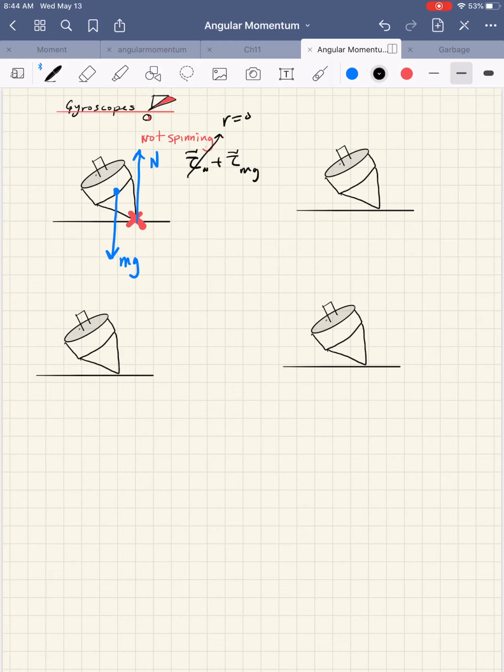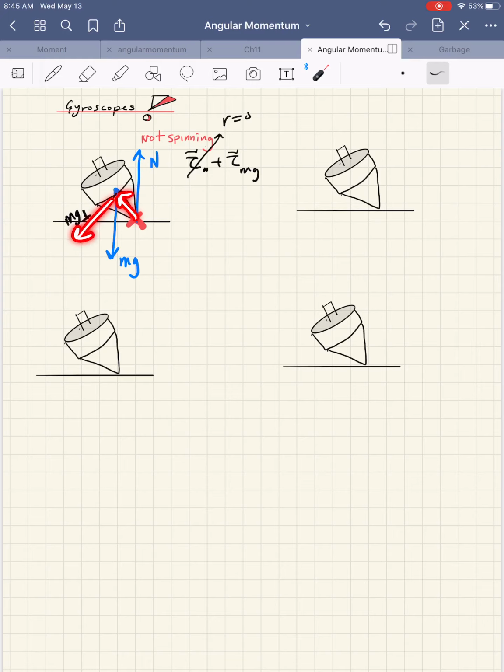R value is 0, so then I'm going to think about gravity, and I can see that without question there is going to be a component of gravity that's perpendicular, because look, gravity can be broken up into two forces, this and this. This would be the perpendicular component, and this would be the parallel component to the R vector, which of course doesn't contribute.